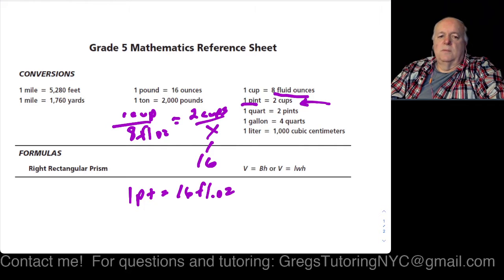Okay, so we can also write that as a ratio. 1 pint is to 16 fluid ounces. Okay, so what we're going to do is we're going to go back to the other thing.